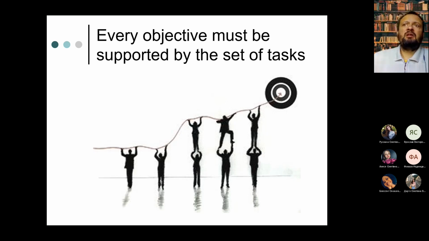And every objective must be supported by a set of tasks. This set of tasks also must be defined at the stage of the strategy crafting process.